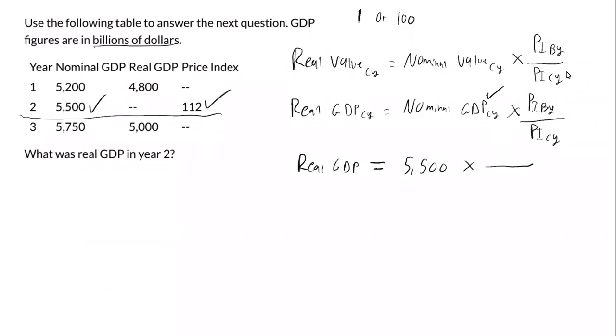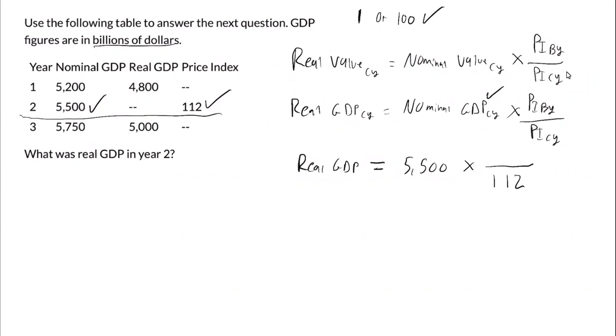For year 2, our price index is 112. And what is our price index in the base year? Again, we're always comparing to our base year, so that's always going to be either 1 or 100, as you see right up here.